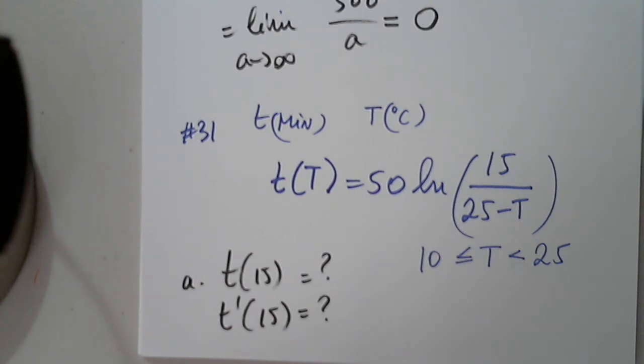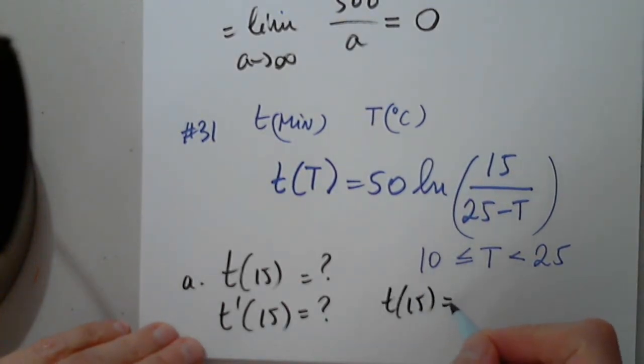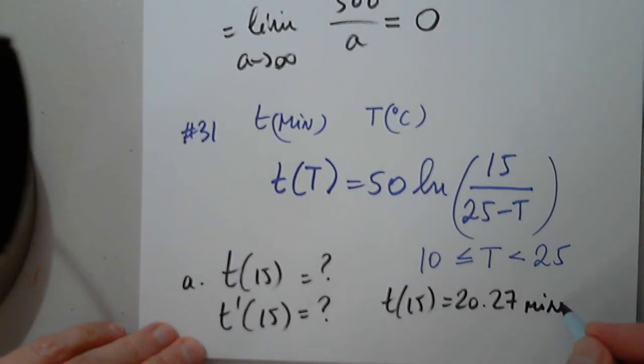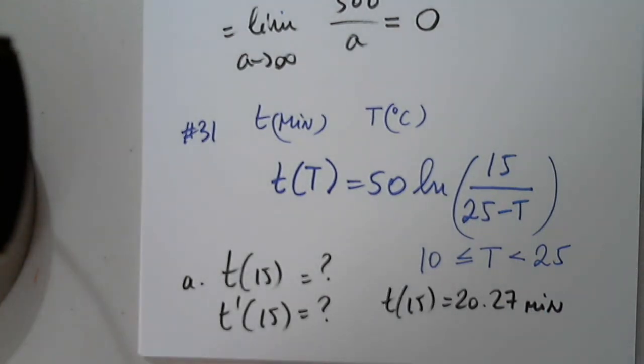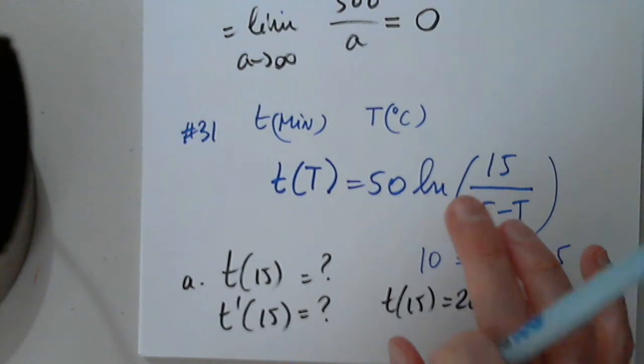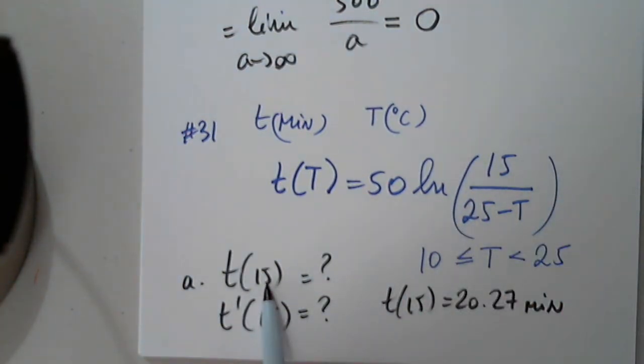Here it is. Always highlight the number. So I see 20.27. So t of 15, 20.27. And remember, this is in minutes. So t in minutes, 15 in degrees Celsius. So we were asked to find the time that the temperature increases to 15.